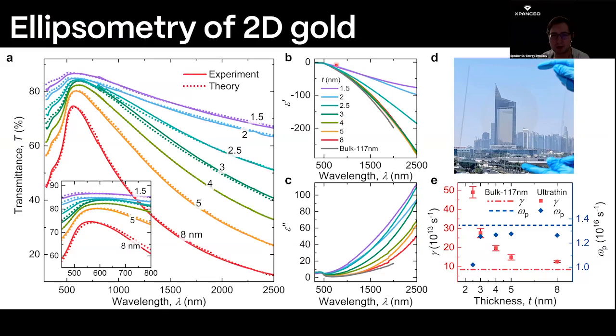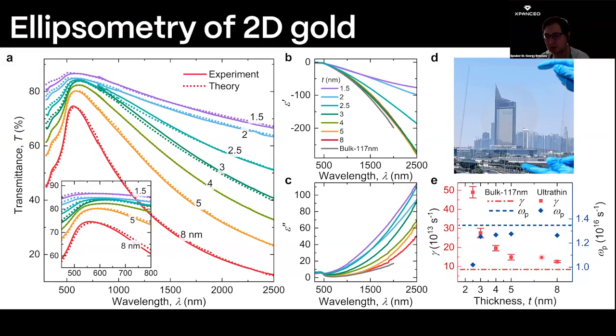And epsilon, the real part of the dielectric permittivity, is below 0, which is a sign of a metallic optical response. And actually, for example, you can see here that the plasma frequency is very close to the bulk plasma frequency.